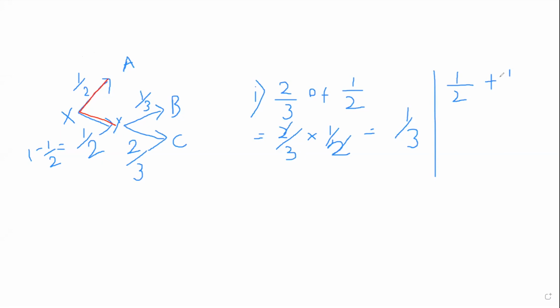So if you add both these amounts, you have to take the denominator same. So the least common multiple is 6. So that is going to be 3 plus, sorry. Now B got 1/3 of half, right? So 1/3 of half.